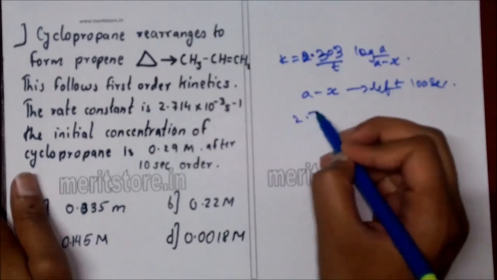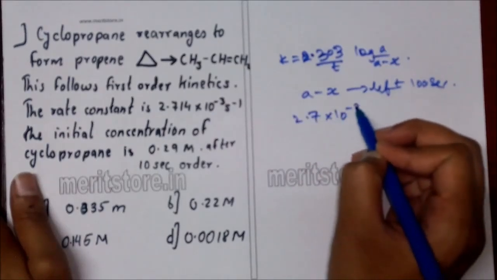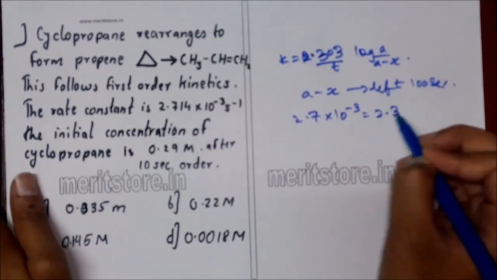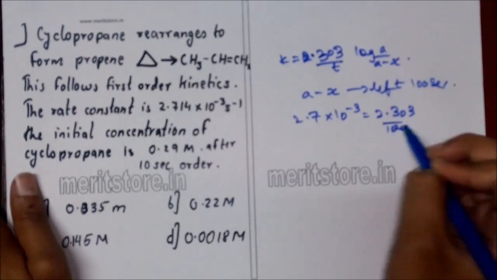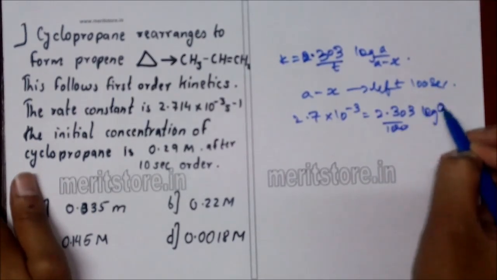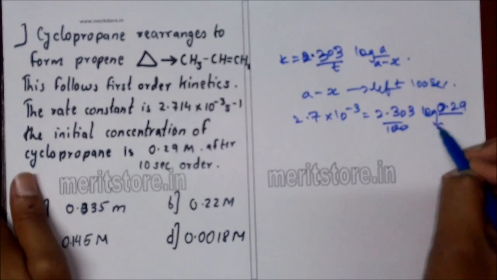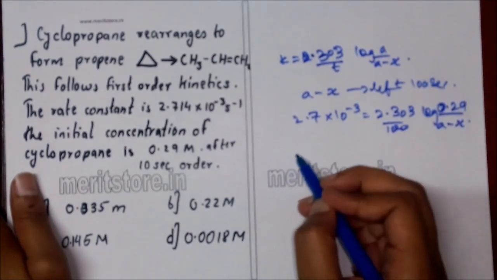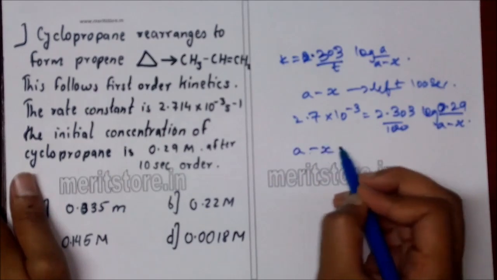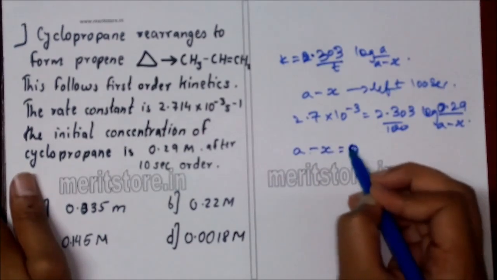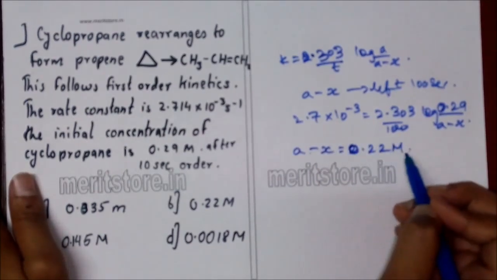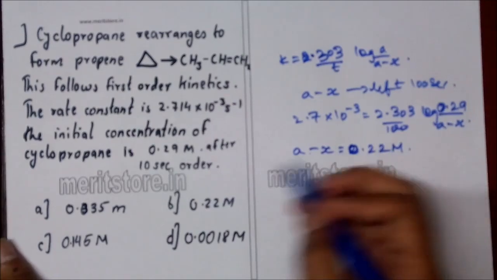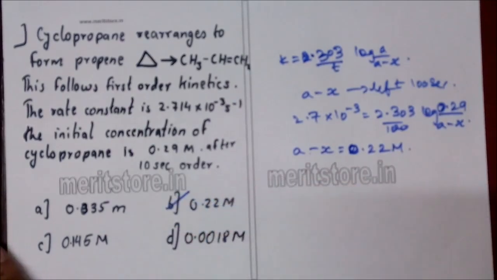So we know that 2.7 into 10 raised to minus 3 is equal to 2.303 upon 100 log of 0.29 upon A minus X. So after solving this, we get the value of A minus X equal to 0.22 moles, which is left over after 100 seconds. So option B is the correct answer.